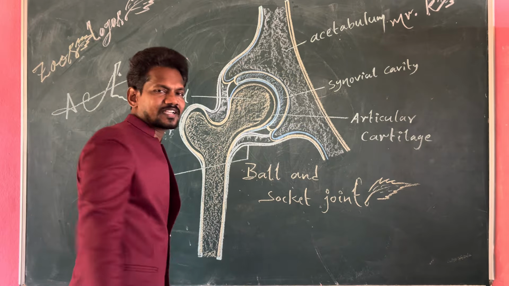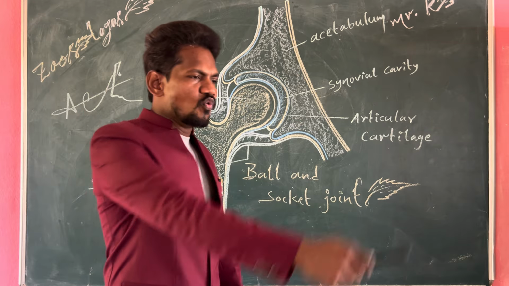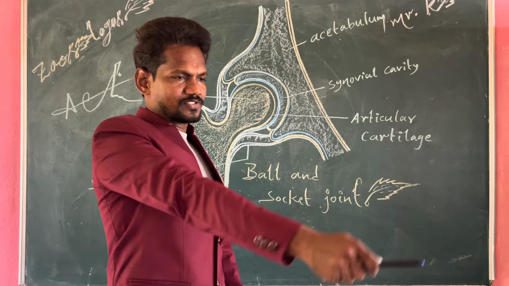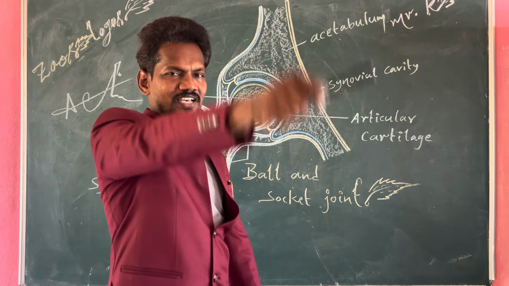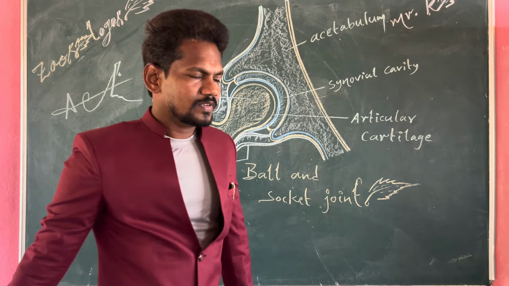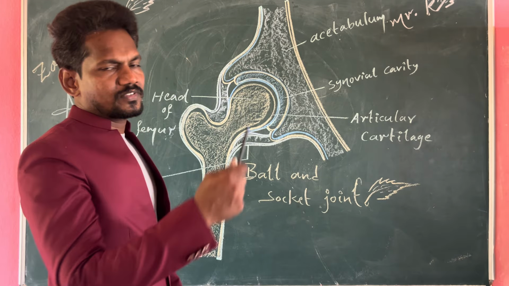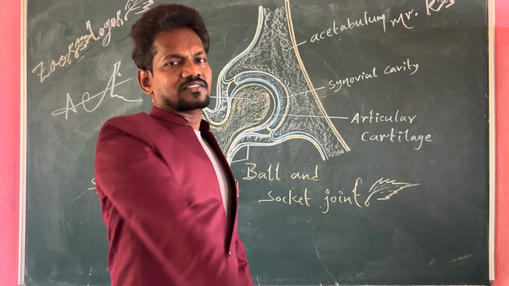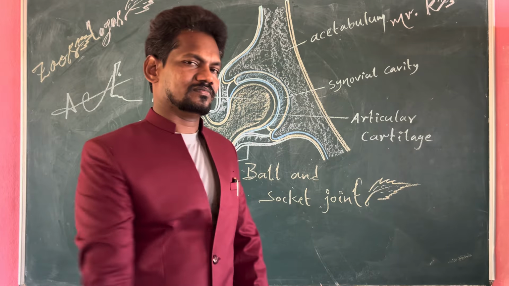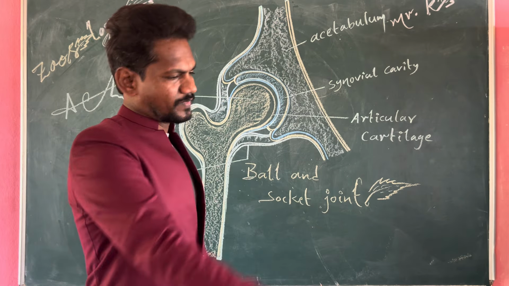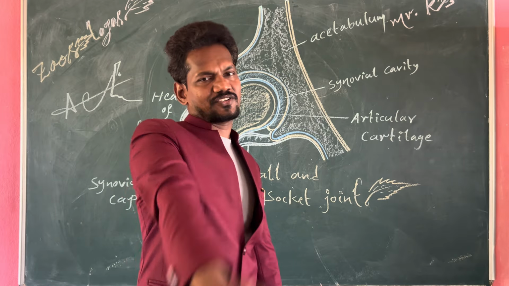This ball and socket joint, it can move in any directions. In 360 directions it can be moved. And one more feature, it can be rotated in 360 degrees direction. It can be rotatable, it can be movable in any direction.